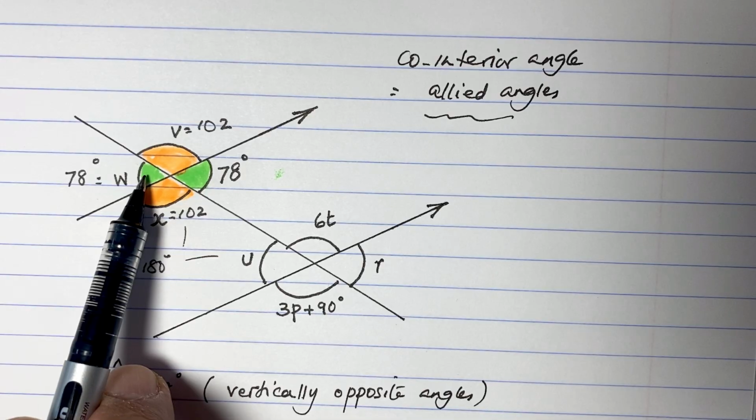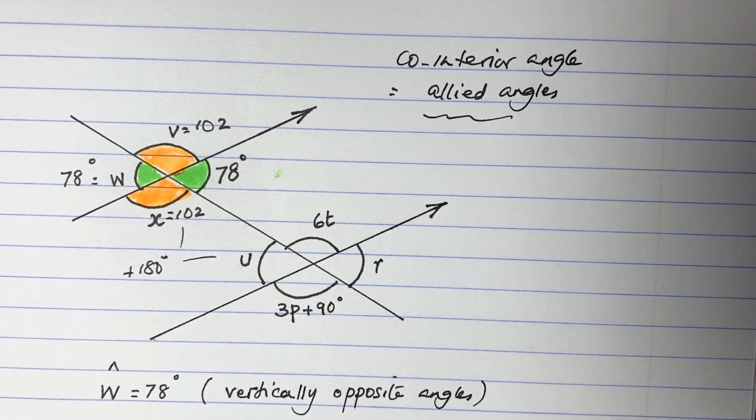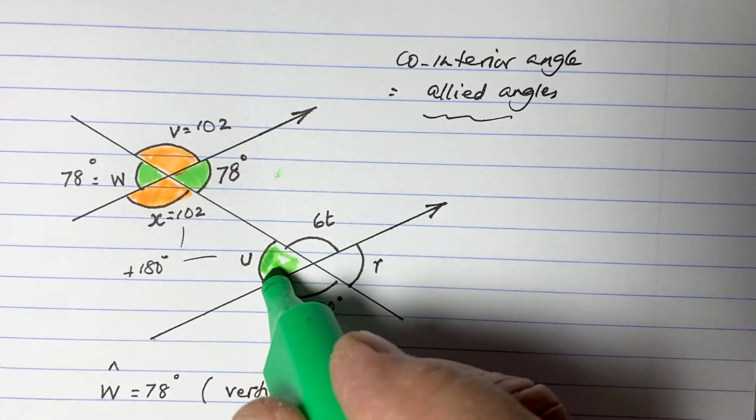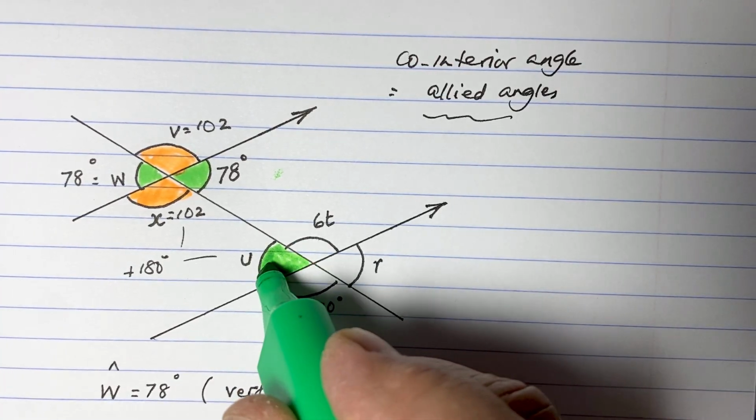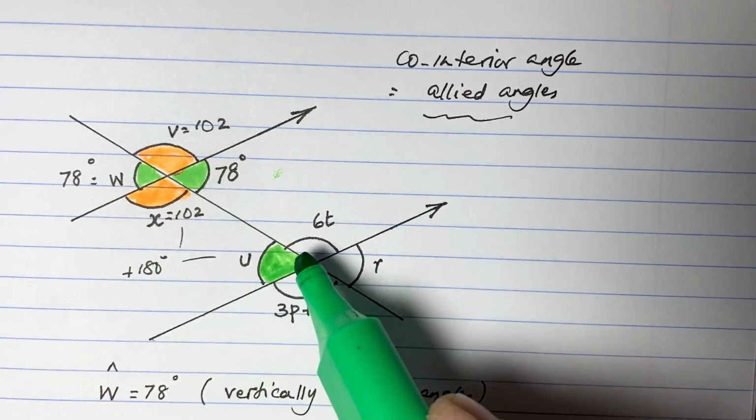Or I could say W and U are corresponding angles. So there's not only one way to describe this. So U would be the small angle. I know I've drawn it bigger, but it's the acute angle.